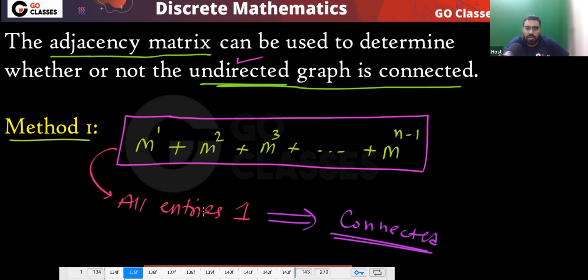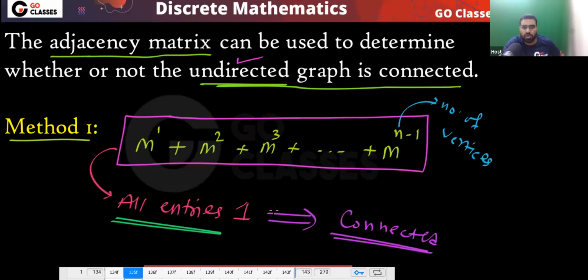Correct or not? Here, n is the number of vertices. So if all entries are non-zero, then you can simply say that it is connected.